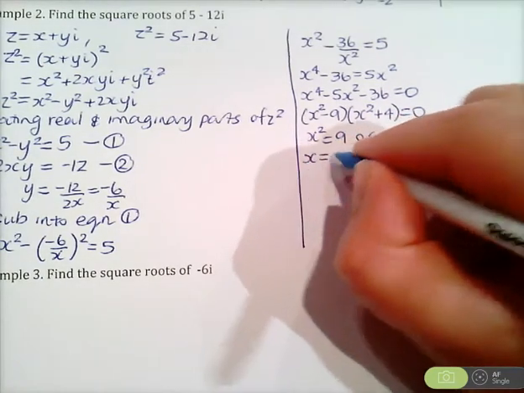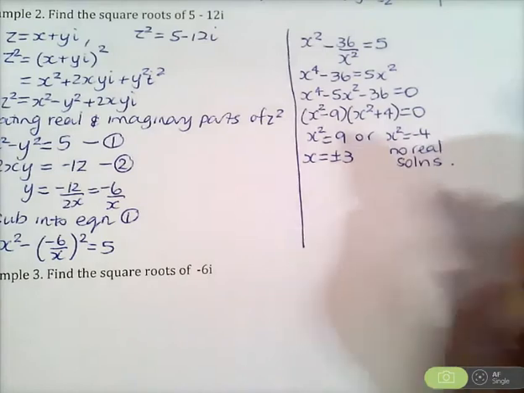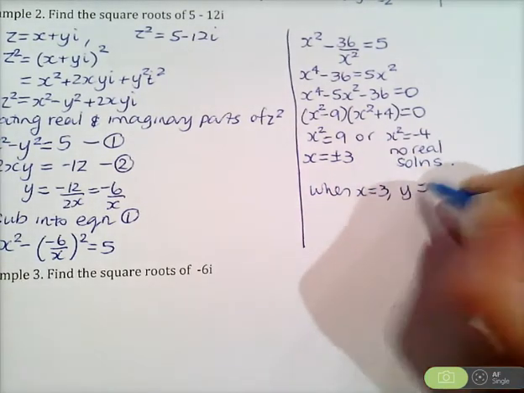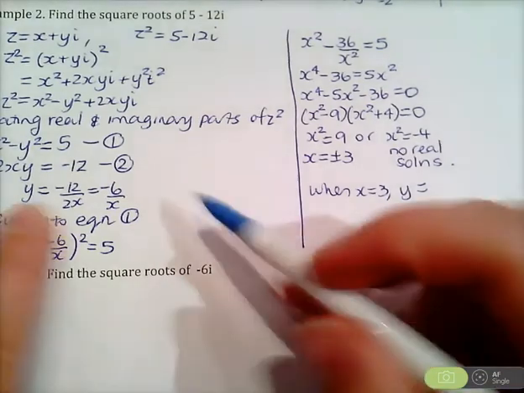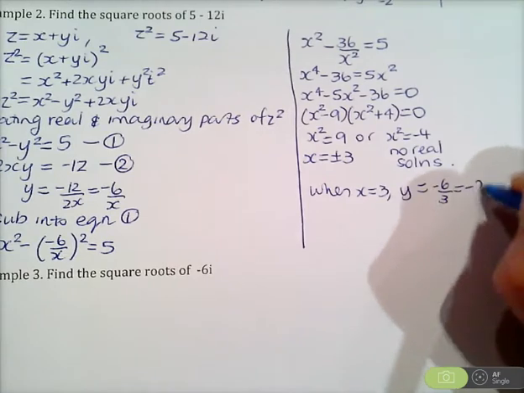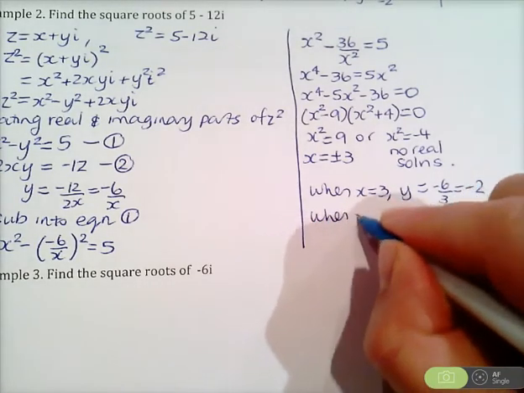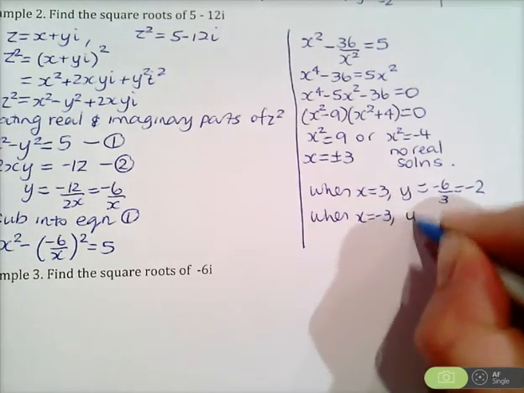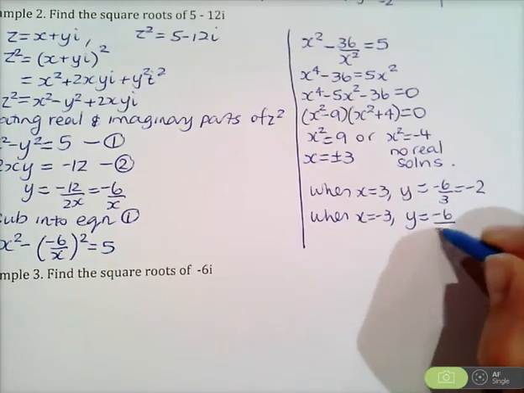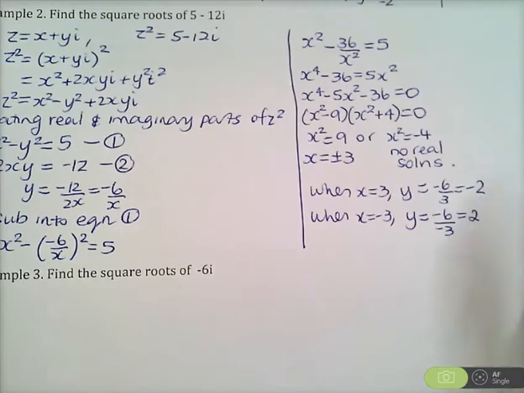And here we've got that x is plus or minus 3. So now, when x equals +3, you need to work out what y is, and it will be -6 on 3, which is -2. And when x is -3, y is -6 over -3, which is +2.